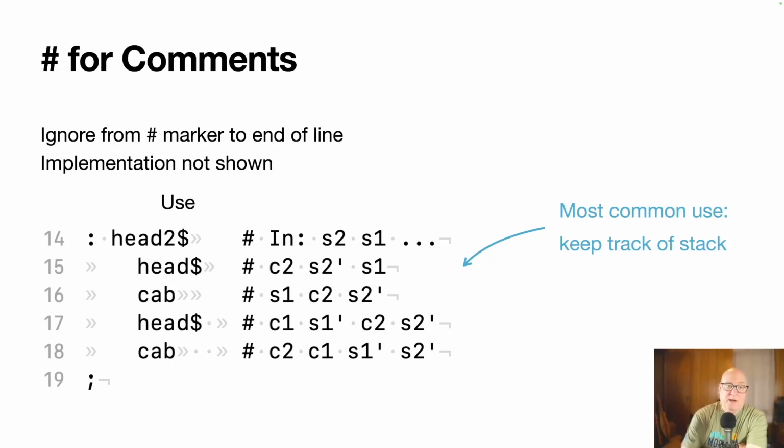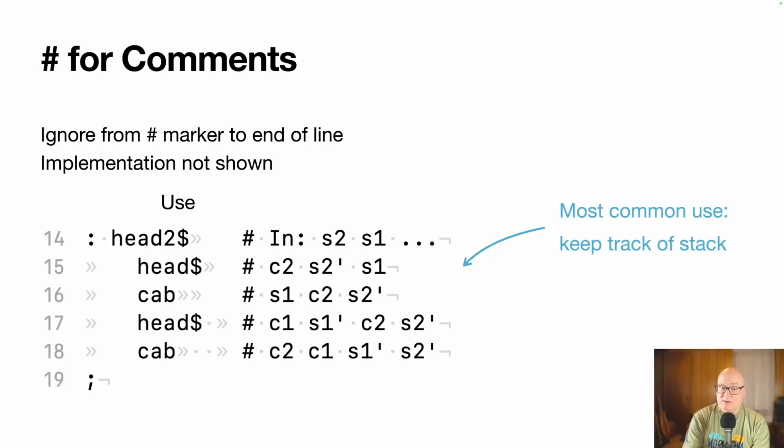We need to compare the 2 current characters of each string and decide what to do. So S2 and S1 come in, we call head dollar, and that splits off the first character of the second string. We do a cab, which is a rotate, so the S1 ends up at the front: S1, C2, S2. Then we do another head, so we have C1, S1 prime, C2, S2 prime. Finally we do one more cab, so we swap C2 and get it into the front.